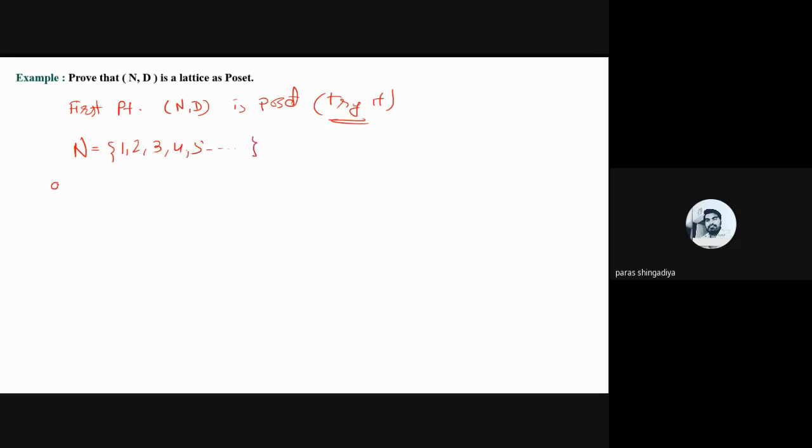For all A, B belongs to N, GLB of A, B is equal to GCD of A, B, because here the divide relation is mentioned. And LUB of A, B is equal to LCM of A, B, which should belong to N. And if it is satisfied, then we can say that N comma D is a lattice, as it is a poset.